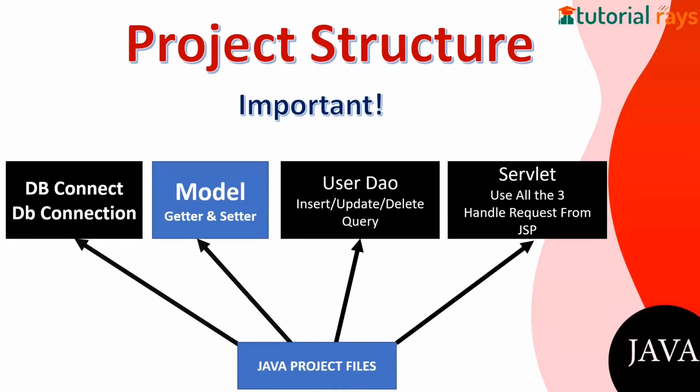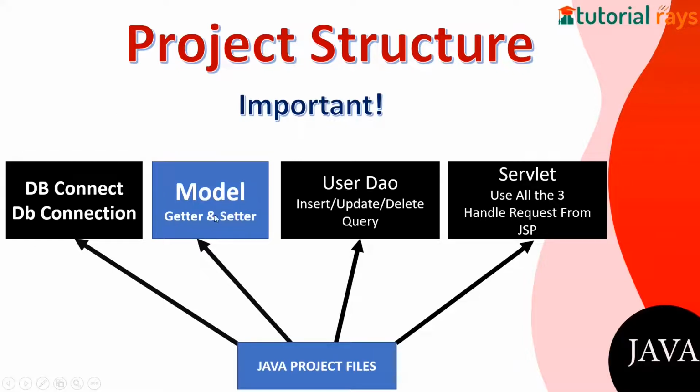Now let's see this important structure, because understanding this will give you a clear picture of how JSP and Servlet work. First we are going to create the database connection, called DB connect. We will create a file where our database connection, or JDBC connection, will take place.